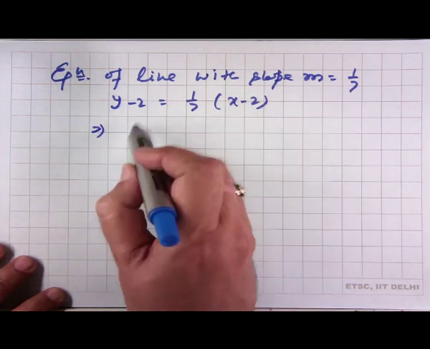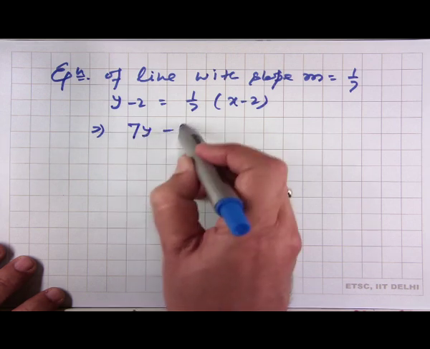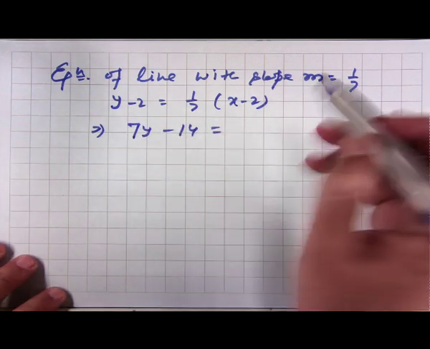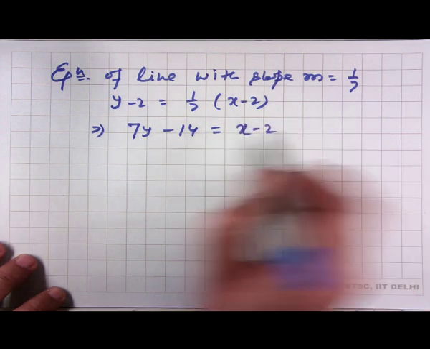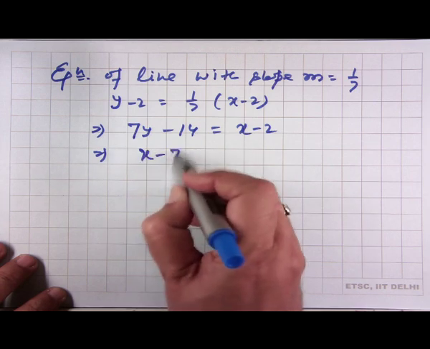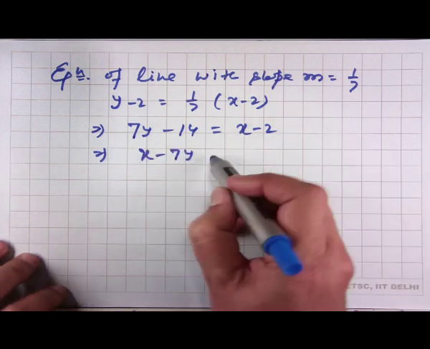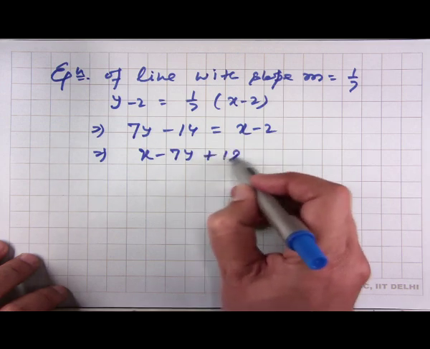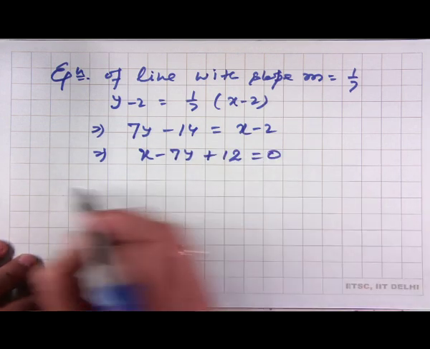So this implies 7y minus 14 is equal to x minus 2. So x minus 7y plus 12 equal to 0.